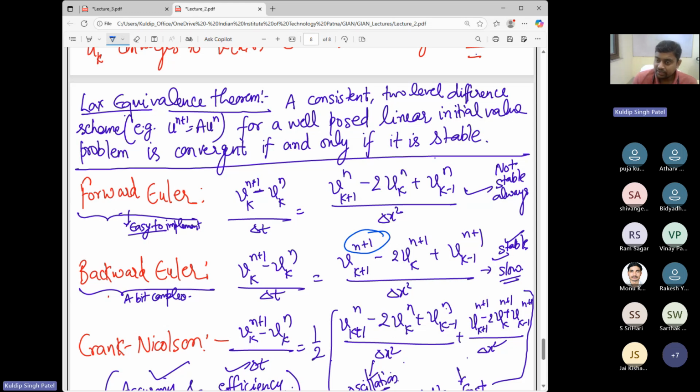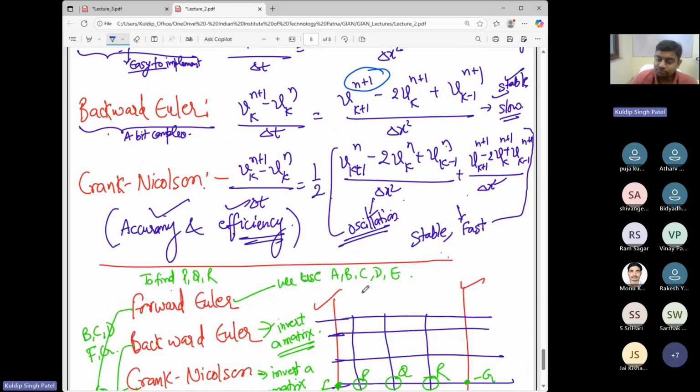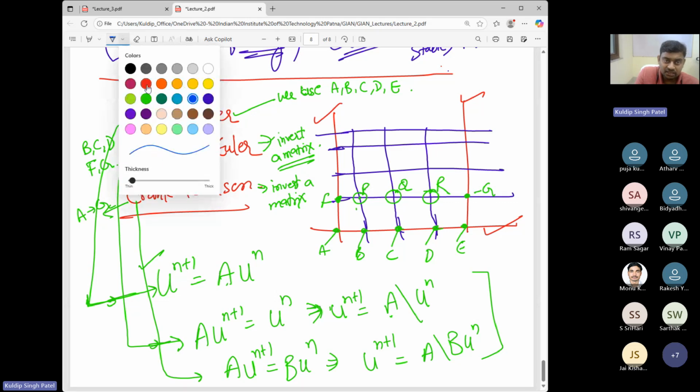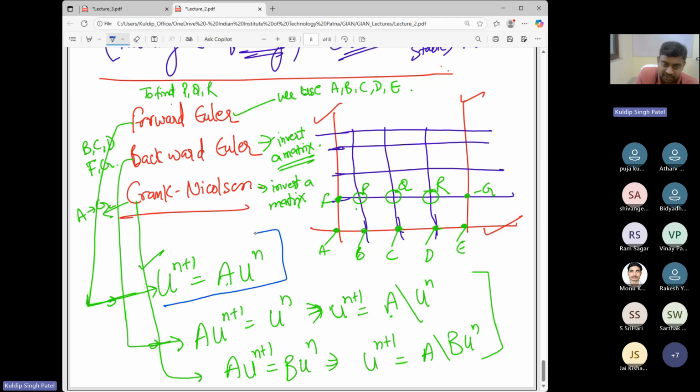And then when we put the value of k equals 0, k equals 1, k equals 2, etc., what kind of matrix form do we get? This is important. Everyone please pay a bit of attention here. If you do forward Euler, you get this kind of matrix.